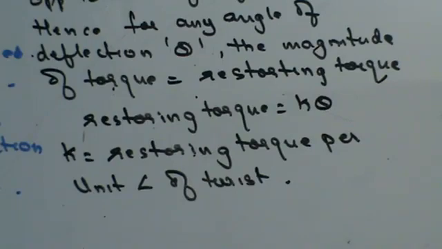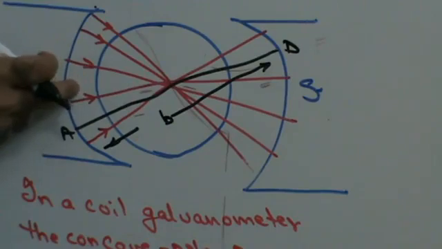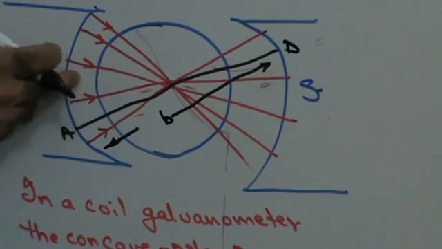So thus when the coil comes at rest, the deflecting torque will become equal to the restoring torque. Initially, as the current flows through the coil, it is going to produce a deflecting torque, right? At a certain point of time, this deflecting torque is going to be resisted by the elasticity of the suspension fiber. At a particular point, the coil comes to rest.